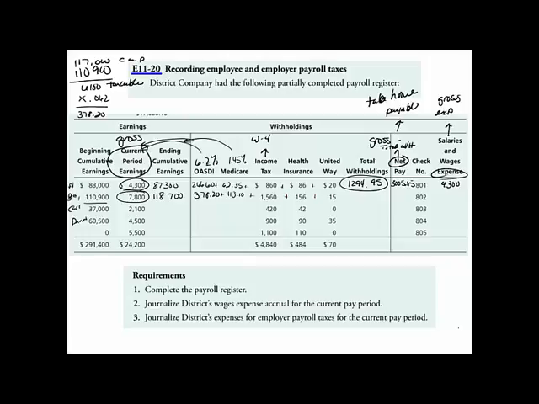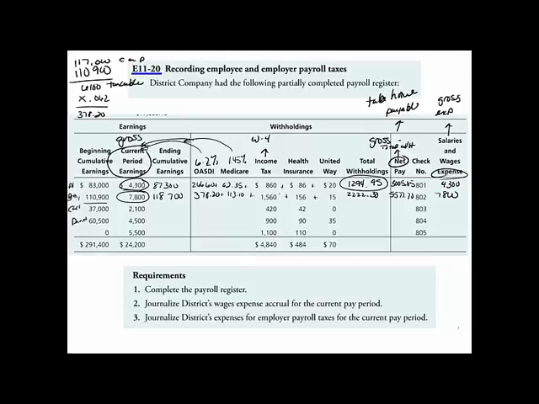Add all those together, and Betty's total withholding is $2,222.30. So her net pay is the 7,800 minus the total deductions, so she gets to bring home $5,577.70. And then again, this just shows the gross pay, which is $7,800.